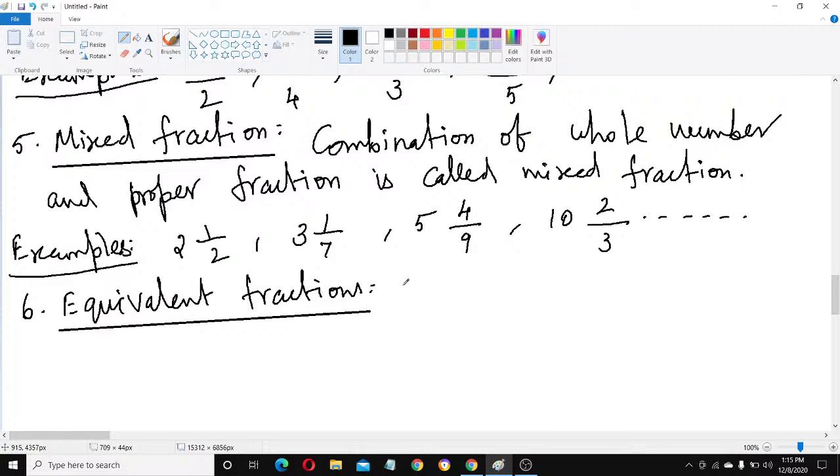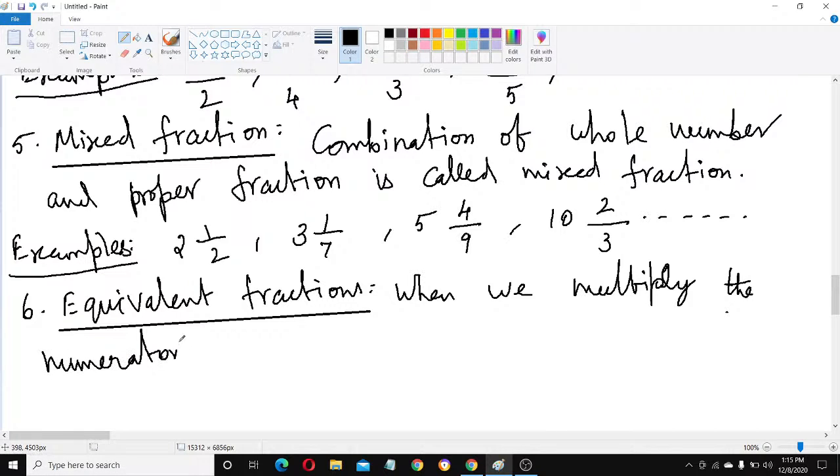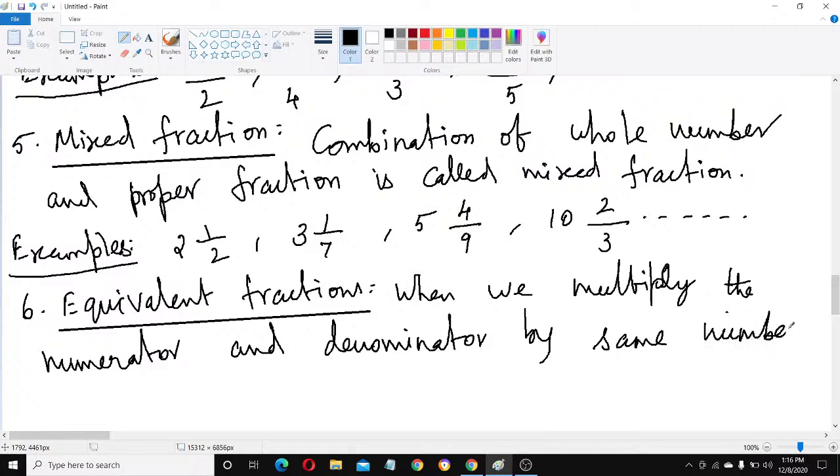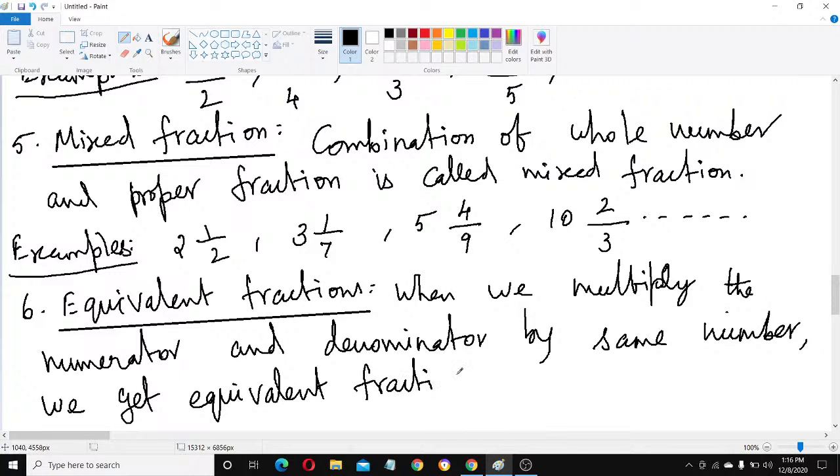When we multiply or divide the numerator and denominator by same number, we get equivalent fractions.